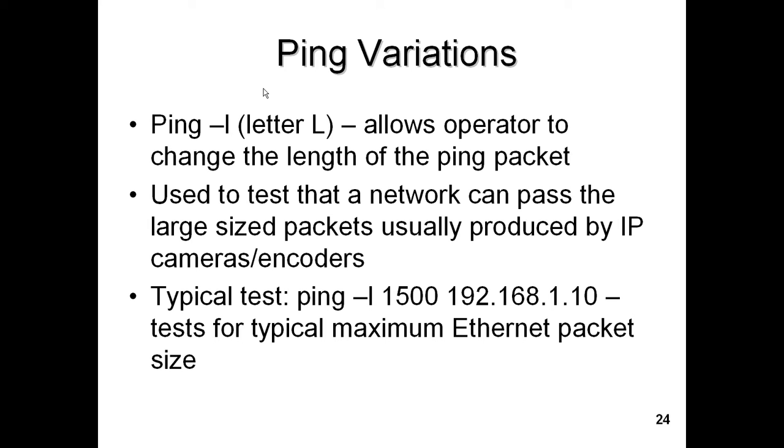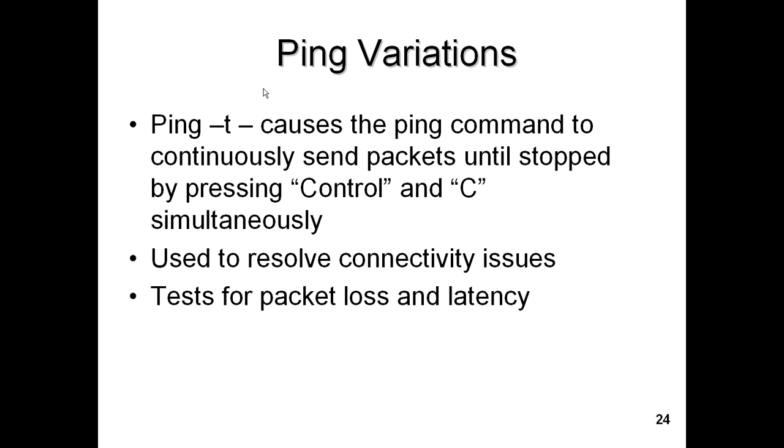I type that into the command line, and it sends a ping packet of 1,500 bytes, and if those come through cleanly and I get good responses, then I know that my path from the testing computer to the device I'm testing is good for those large packets that a video encoder or IP camera might be producing.